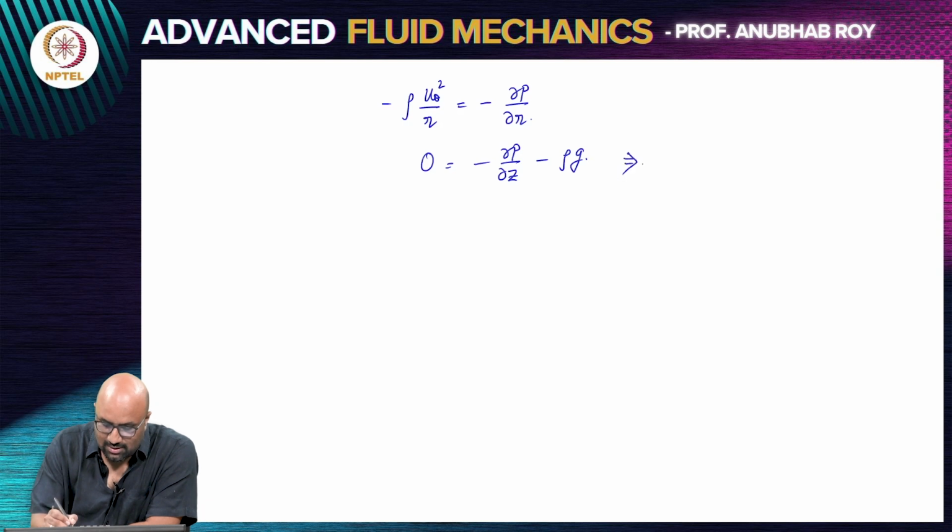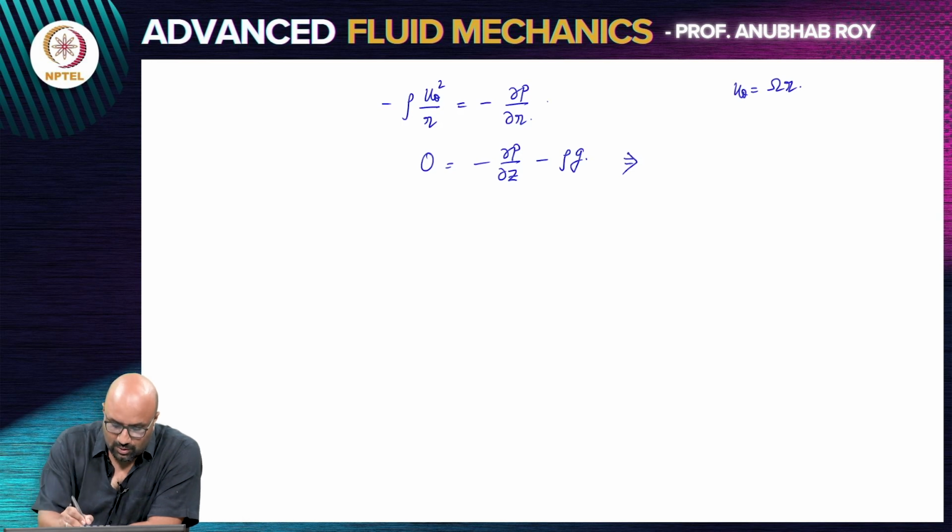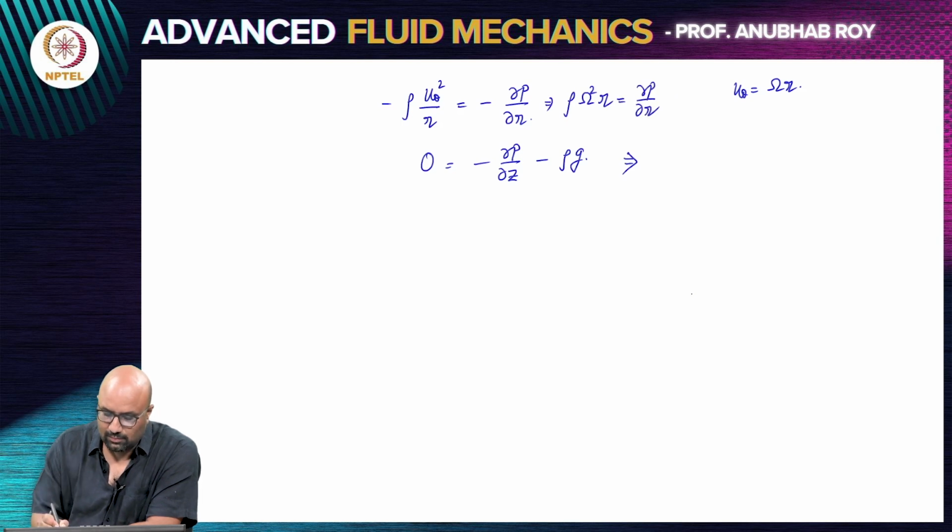It is quite simple, and u_theta is omega r. So, this equation can also be simplified and we can write it as omega square r square by r. So, it is rho omega square r equals dou p dou r. And here we have dou p dou z is equal to minus rho g.